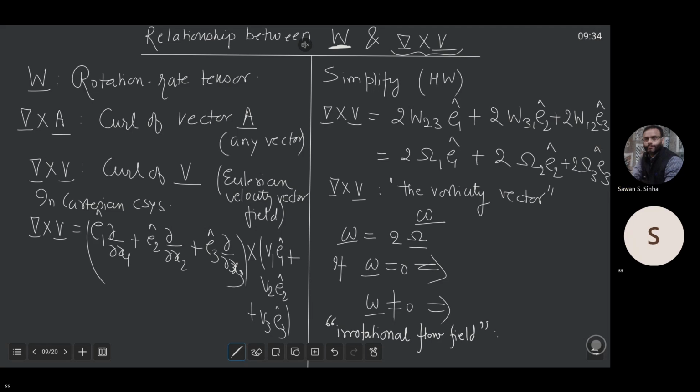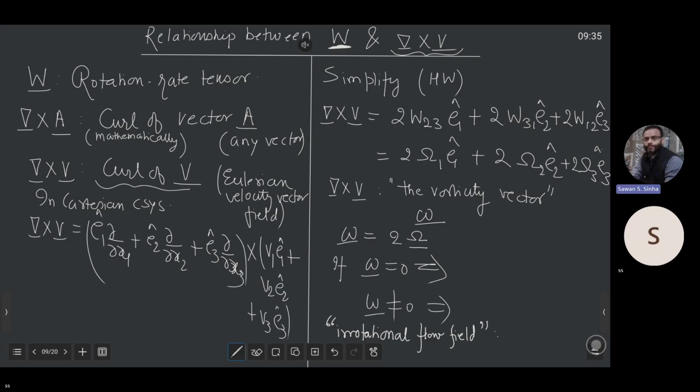Okay. So del cross A is called the curl of vector A, and for that matter, A can be any vector, mathematically speaking. Curl of vector. Here, right now in this class, in the context of fluid mechanics, we talk about curl of the Eulerian velocity field vector, del cross V.